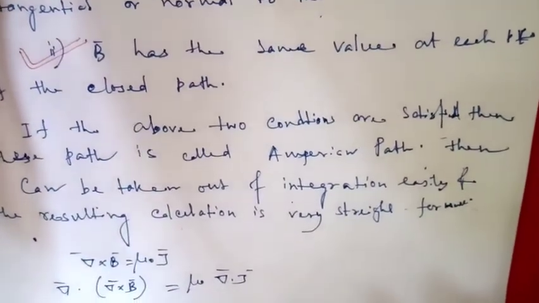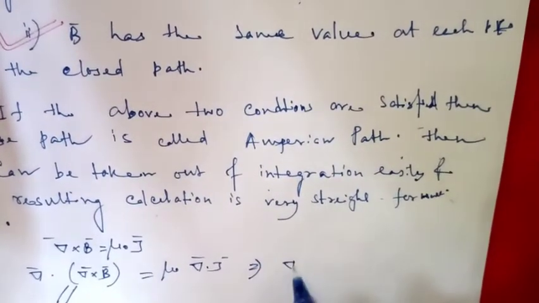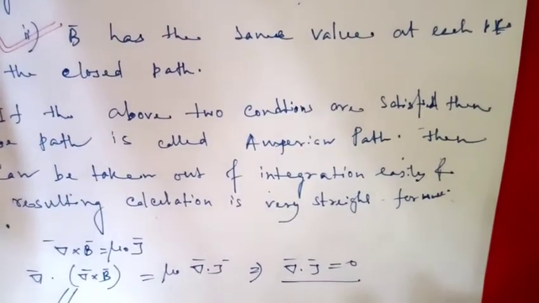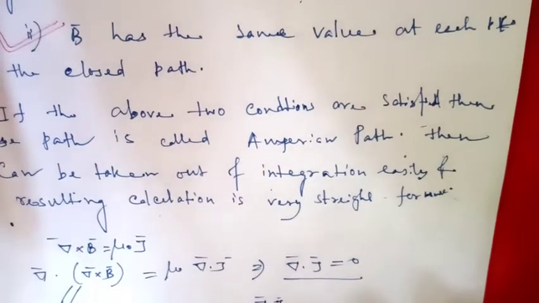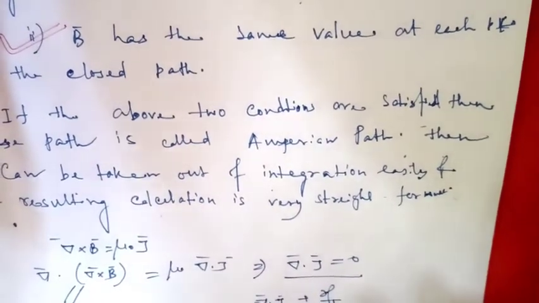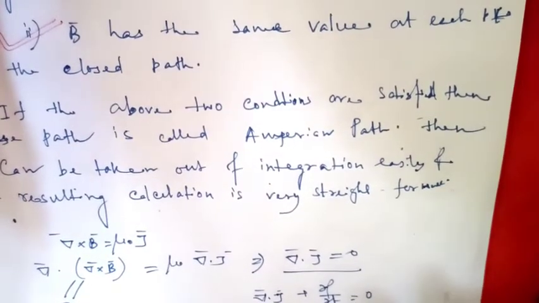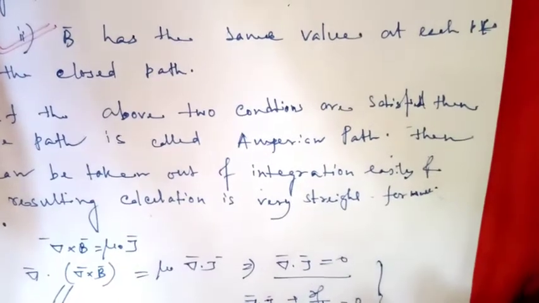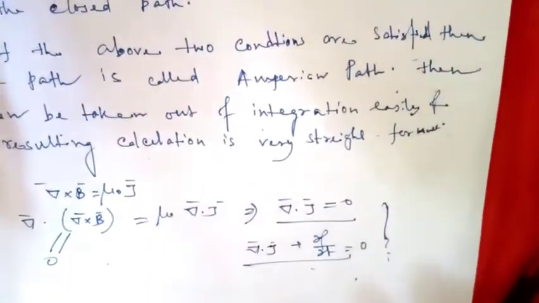From the vector identity the left hand side goes to 0, so from this we get divergence of J equal to 0, but the equation of continuity gives us divergence of J plus del rho by del t equal to 0. So for the cases of non-steady current, there is a mismatch of the differential form of Ampere's circuital law and the equation of continuity.